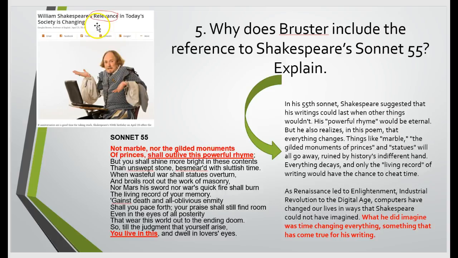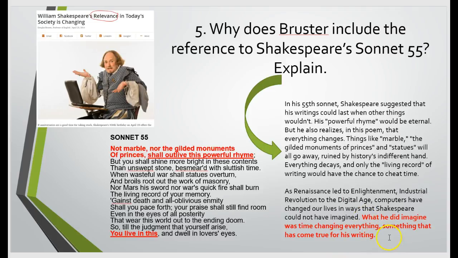So we have the title, we have the sonnet itself, which talks about how time affects everything except, according to Shakespeare, poetry. When he says, you live in this, this is the poem itself. And for the most part, he's correct, right? It's over 450 years old, and we can still read it. And then we have the text from the article itself.